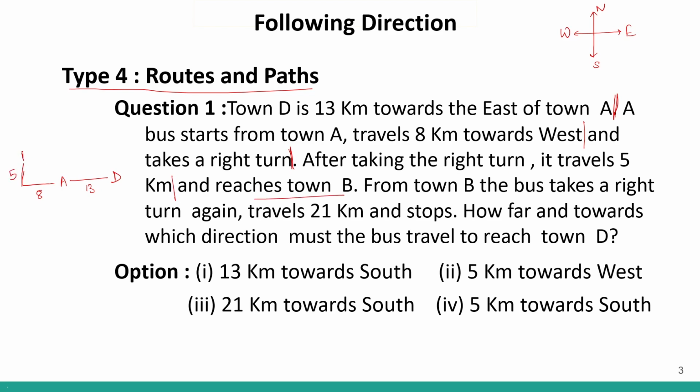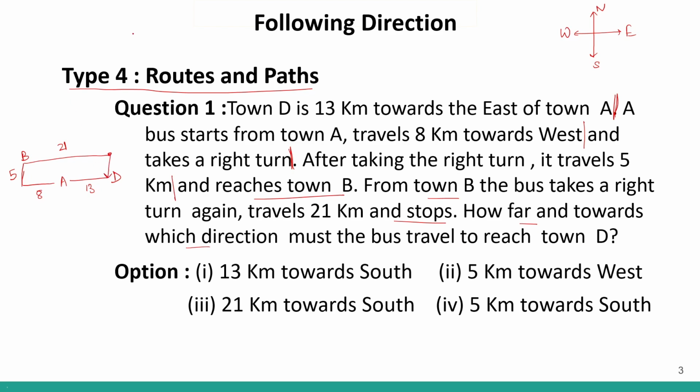So this much information is given, right? From B, the bus takes a right turn again and travels 21 kilometers. So if the bus travels 21 kilometers, it will be in the same line as D, because 8 plus 13 will give me 21, right? And then the bus stops. We have to find out how far and towards which direction must the bus travel to reach town D. So very clearly the direction is towards south.